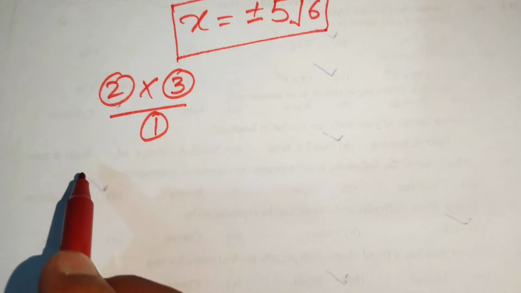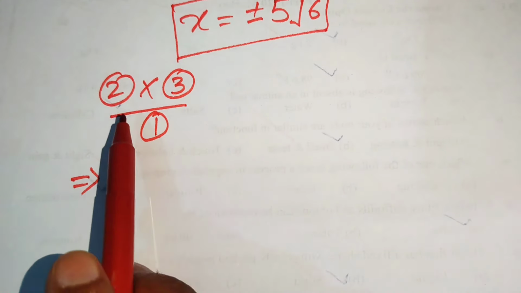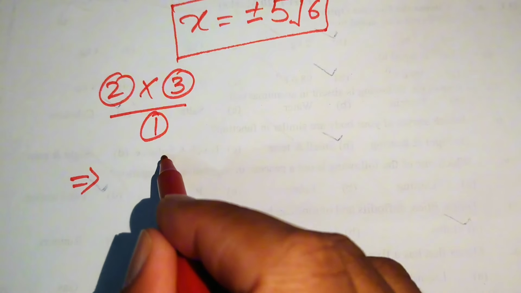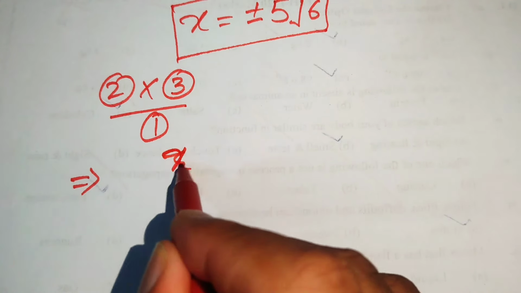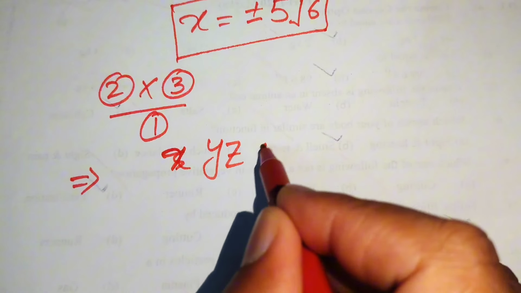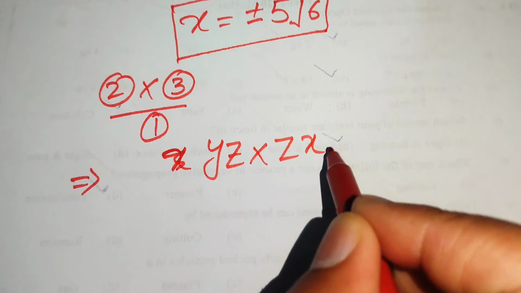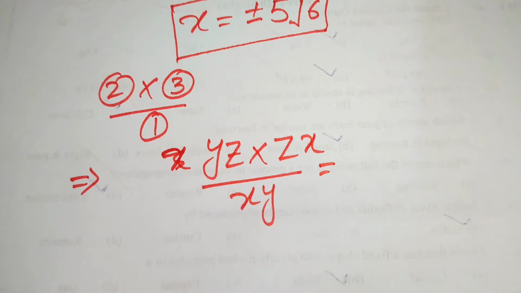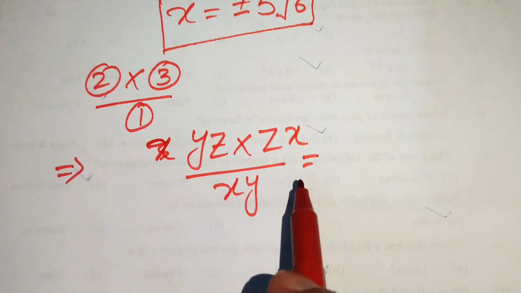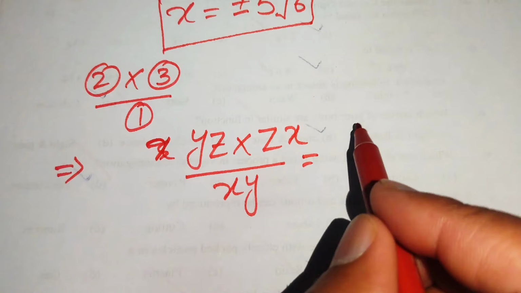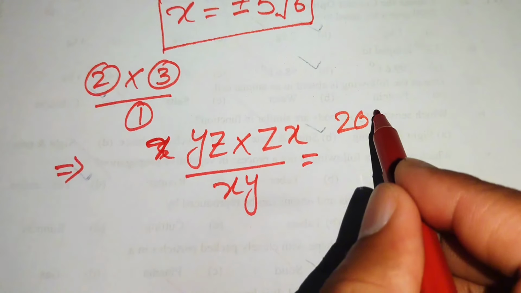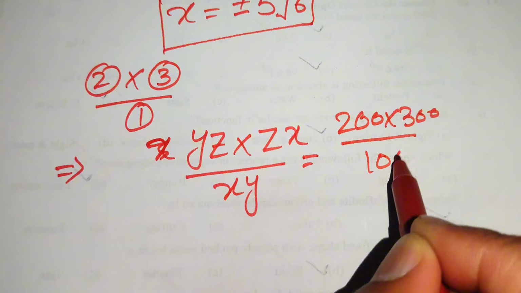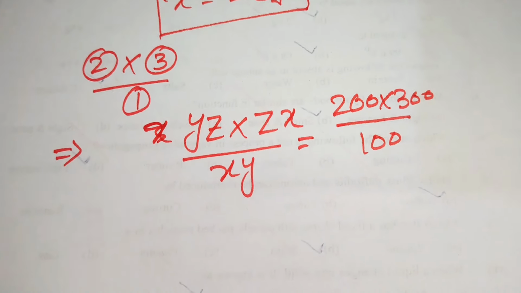We multiply the left hand sides of equation number 2 and 3, which are yz multiplied by zx, and we divide it by xy, and it equals the right hand sides of 2 and 3, which are 200 multiplied by 300, divided by 100.